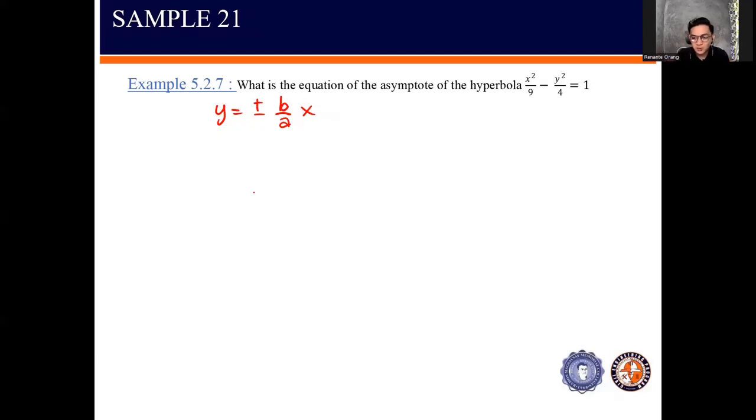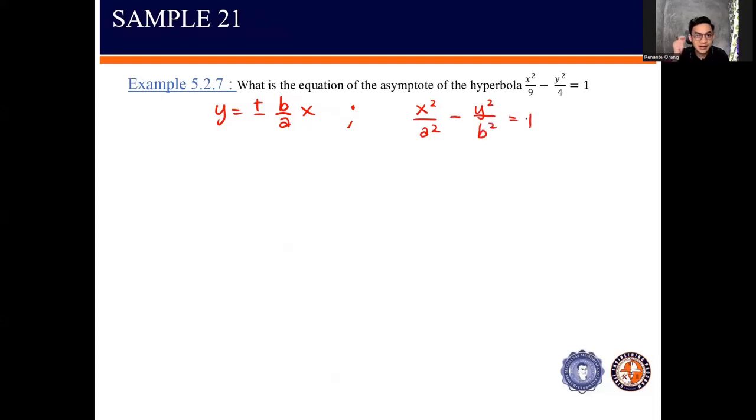Okay, so sige lang. Let us start with this one. So by inspection, titingnan natin ano yung mas kahawig sa kanya. Take note na yung ating positive is sa x na side. So therefore, if we will write its standard formula, this is our a squared, then ito yung ating b squared. Ayan.